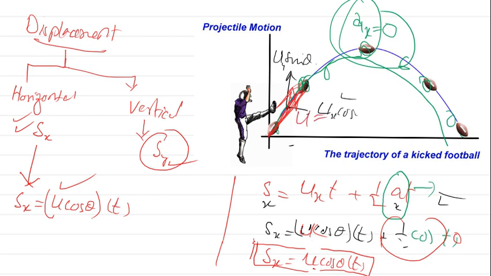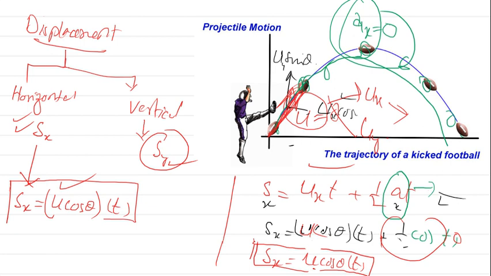Then at each and every point we have its two components, Ux and Uy. Here we have taken one component Ux, which we discussed before is u cos of theta. So finally we get the formula: if we need to calculate the distance horizontally, we use this equation.